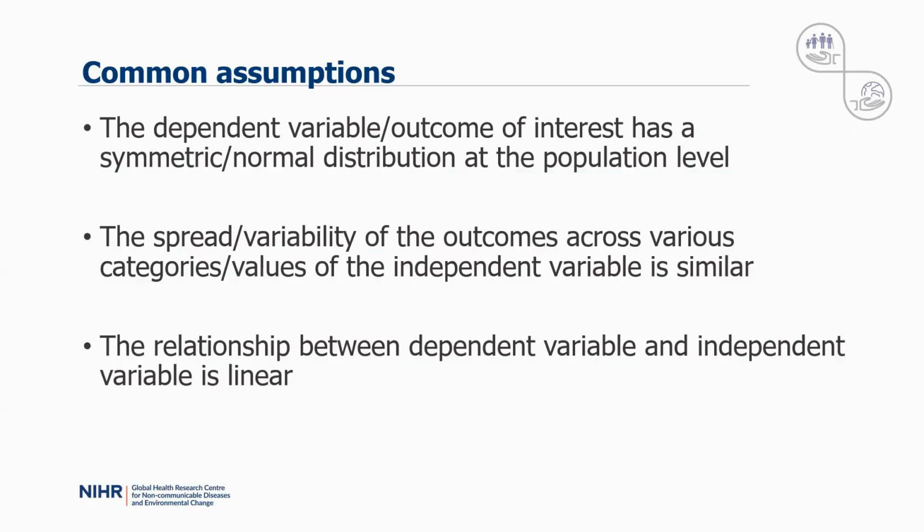What this means is that, for example, if your hypothesis is related to weight gain in a certain age group, you might know that weight gain in the population for that age group has a normal or symmetric distribution, where most of the individual weight gains hover around a certain value, let's say 10 kilograms, and all the other individuals are equally distributed on both sides of this average gain value of 10 kgs.